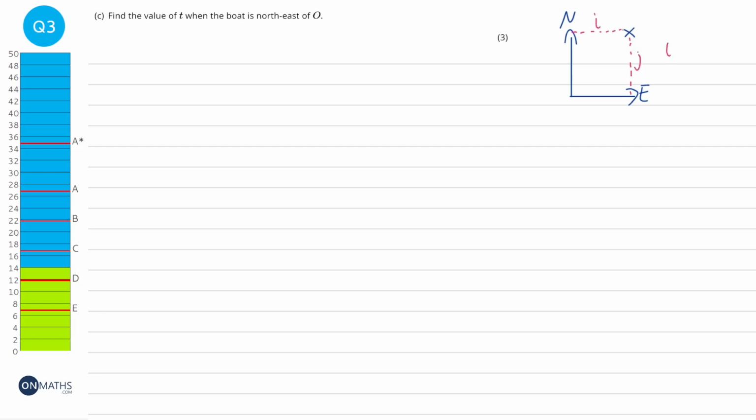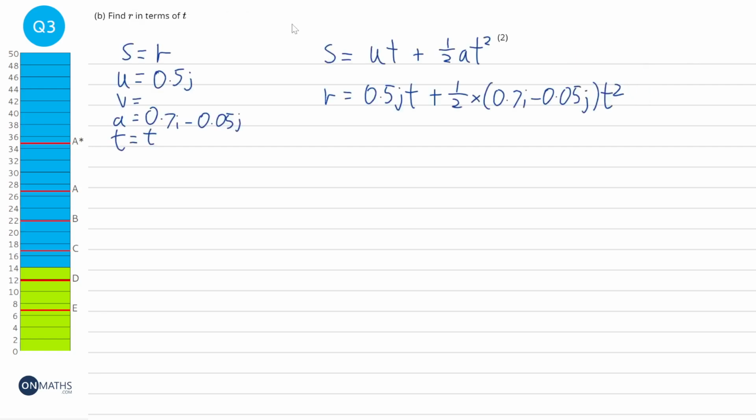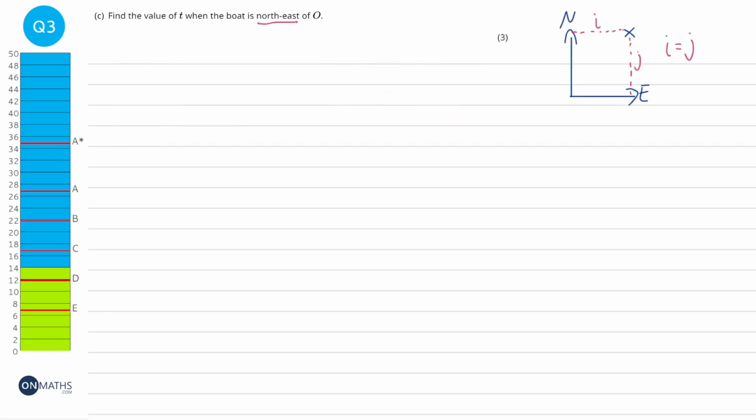We notice that i is equal to j when it's northeast. And what do you notice about part B? Well, we've got an i component, we've got a j component, but we need to work on that to be able to separate the i's and j's, because we've got a j here, a j here, and an i here, so it's a bit messy. So we're going to start by rearranging that so we have an i and a j component, then we're going to get those equal to each other and find out what t is.